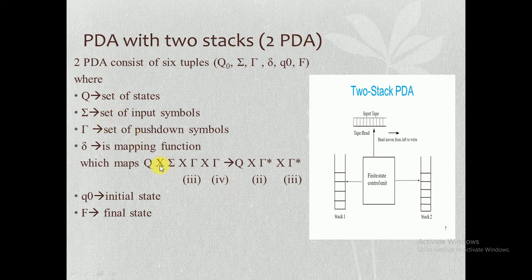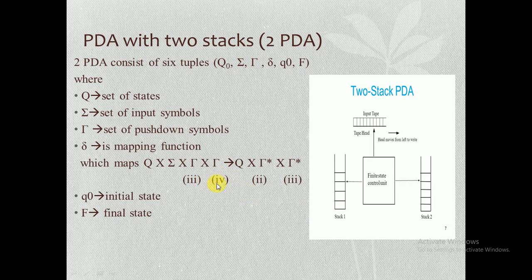So here in the mapping function, what will be the change? So we have the extra tuple on both sides. This third one represents the topmost element of the first stack, which will be popped. This second one represents the new element which will be pushed onto the first stack.